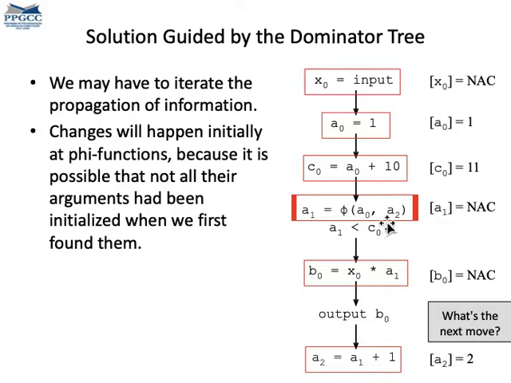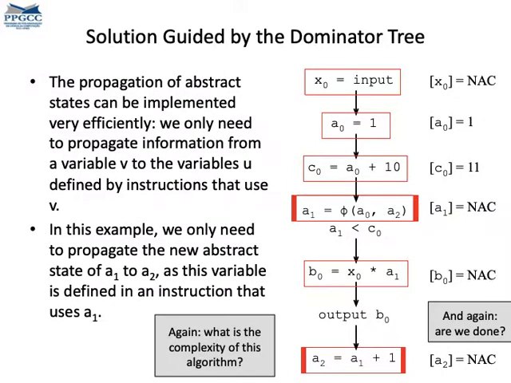Remember, when two different constants collide in constant propagation, the abstract state of the resulting definition is NAC. And now we propagate NAC also to B0, which uses A1, and to A2, which also uses A1. And with this, our algorithm terminates, for the abstract state of the variables will no longer change.